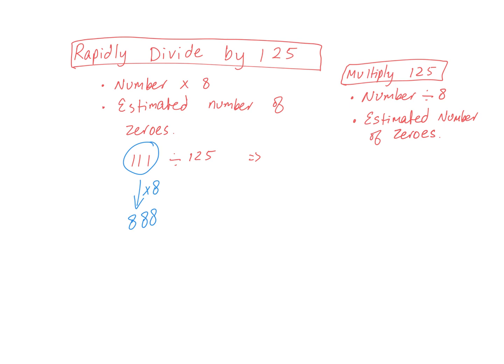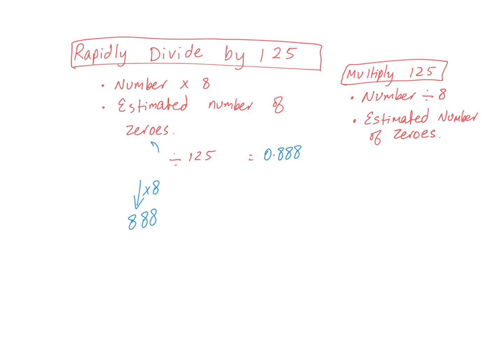Therefore, 111 divided by 125 is 0.888. And try it, as I keep saying, try all the questions, try a variety, and then that might help with your solutions.